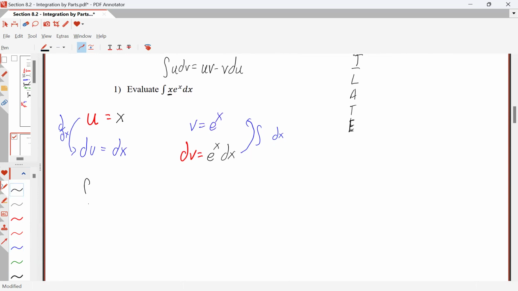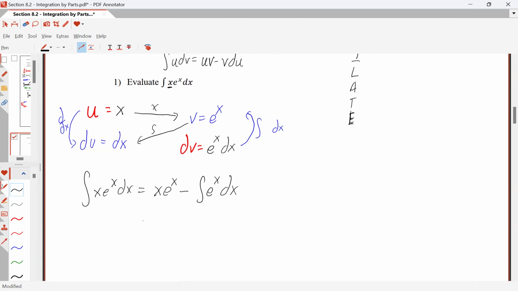So filling in our formula, the integral of x e to the x dx is equal to u times v, x e to the x, minus the integral of e to the x dx. Now we can integrate e to the x dx. We already have the integral of e to the x is e to the x plus c. So the antiderivative of x e to the x is x e to the x minus e to the x plus c.